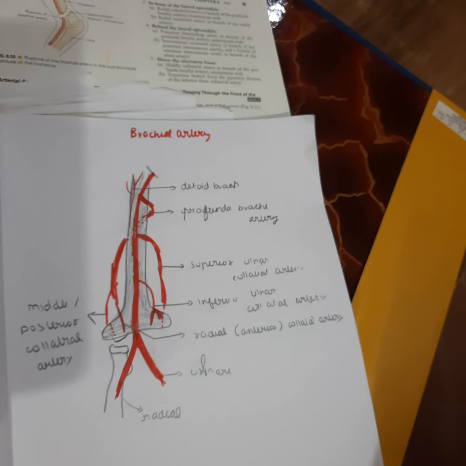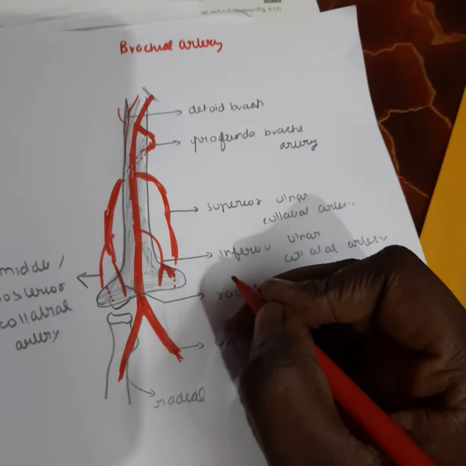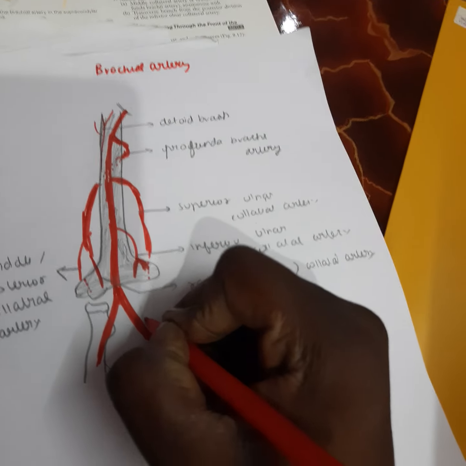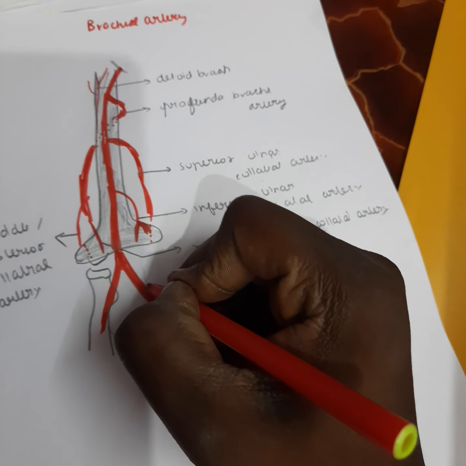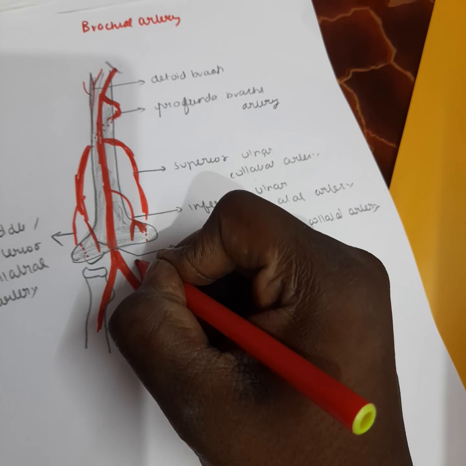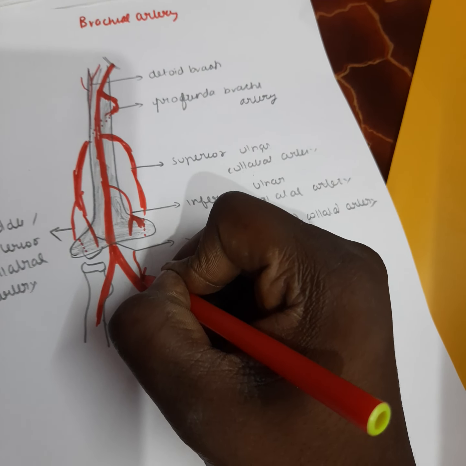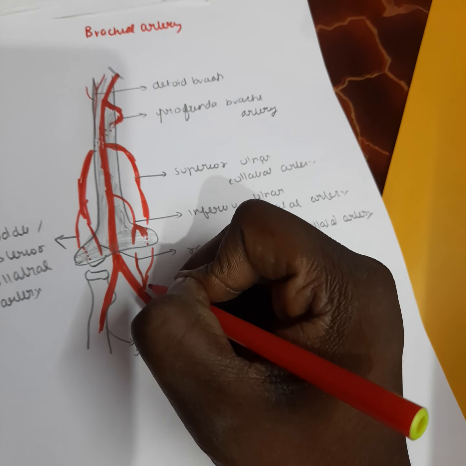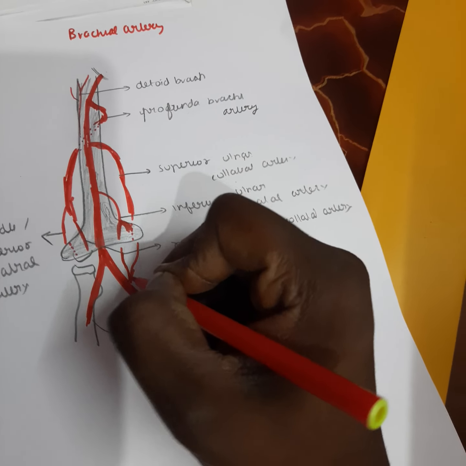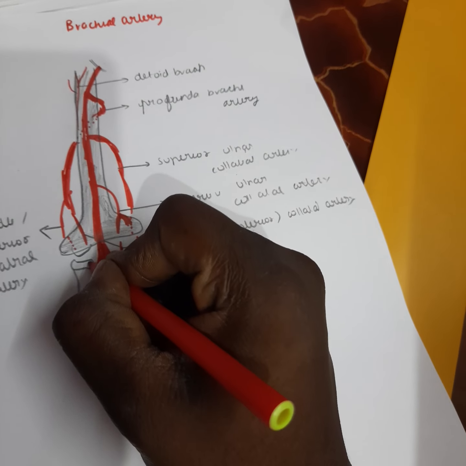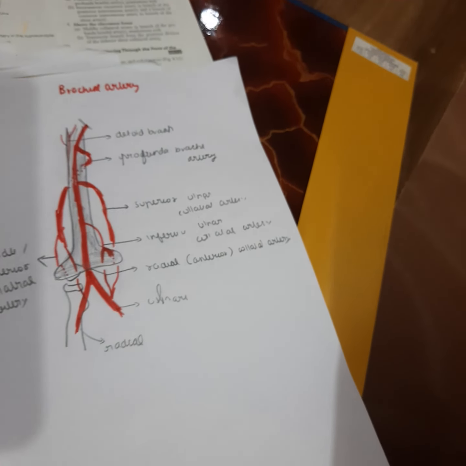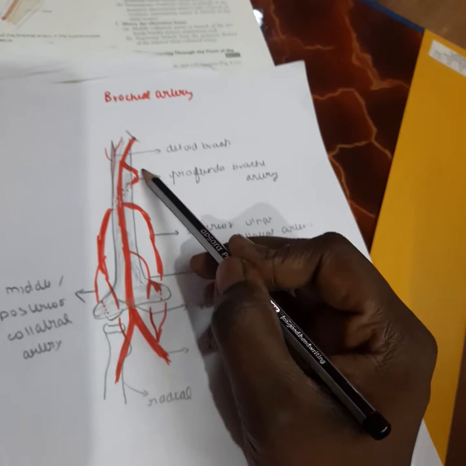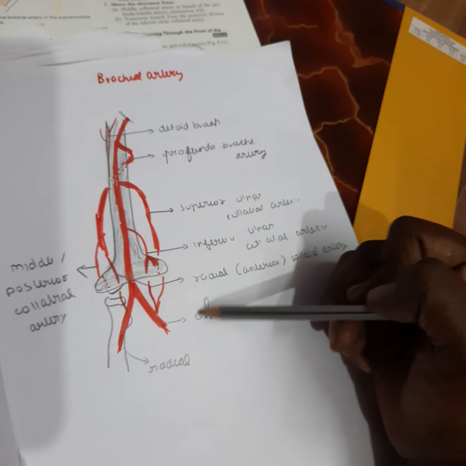As I said, this ulnar artery will give two branches called the ulnar recurrent arteries, and the radial artery gives a branch called the radial recurrent artery. Recurrent means it's going back. You see all the arteries are coming like this, right?